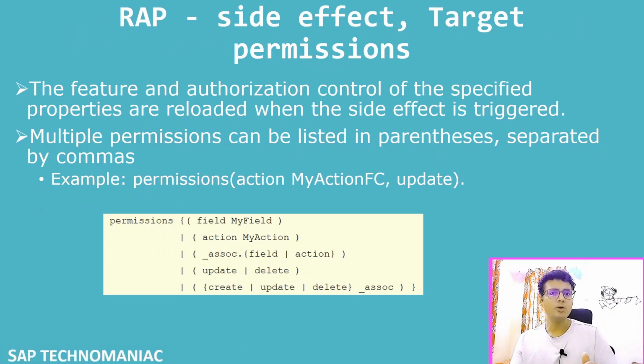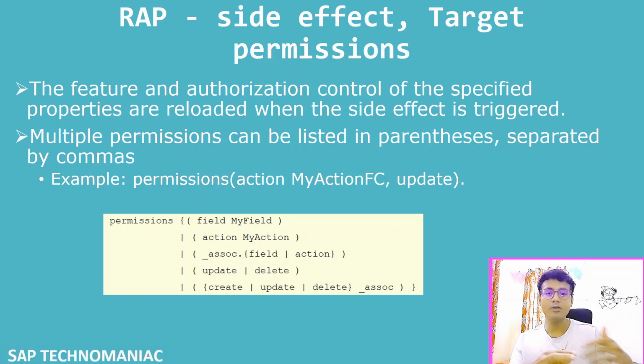And the permissions also can be a target. Permissions means, as you know, the authorizations and feature control. Based on the authorization and feature control, the UI fields are enabled and disabled. So that is the reason I want, for that particular field, all the authorization related to that field or to particular actions or operations, and all the side effects we have.